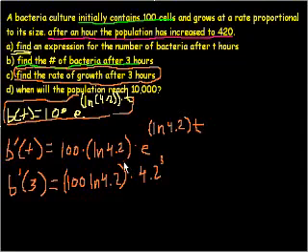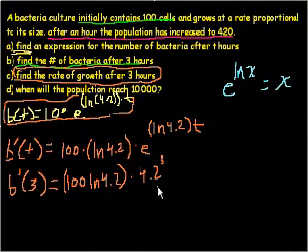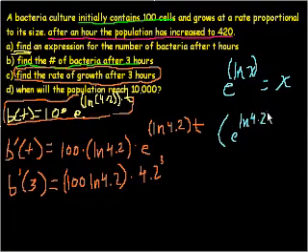If it doesn't, you might want to use your calculator. But it's actually a pretty important thing to know, that e to the ln of x is just equal to x. Because ln of x is essentially saying, what exponent do I have to raise e to get x? So if I raise e to that exponent, I get x. So this right here is the same thing as 4.2 to the t, because if you simplify, you just take this exponent and multiply, and you'd get this.